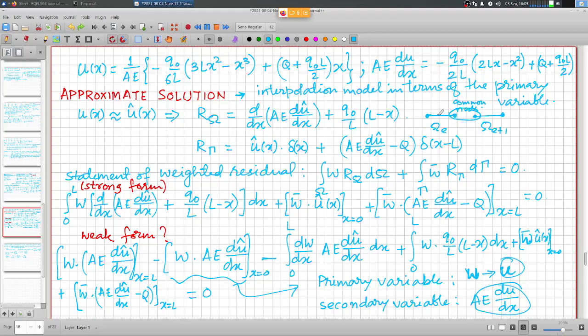Approximation over omega e is given as an interpolation of the function values at this node and this node. Approximation over omega e plus 1 is given as the interpolation between this node and this node. I have drawn these two elements separately, but these nodes are essentially common. The finite element mesh looks like this. So this is the common node.